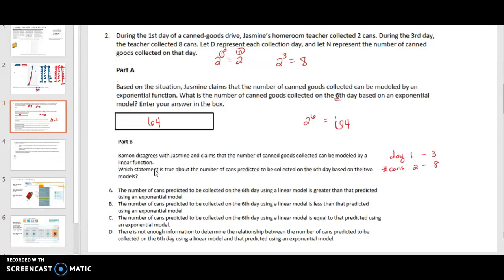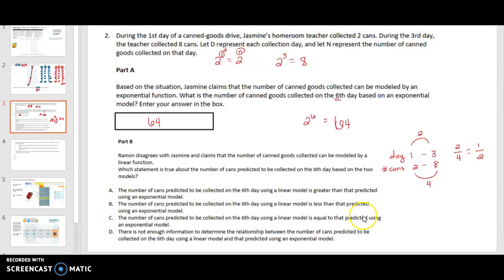Okay, so we had our days over number of cans. So we have 2 over 4, which is 1/2. So it's saying that it's growing. So for every day, they're collecting 2 cans.